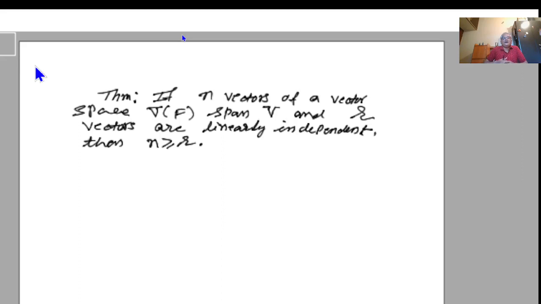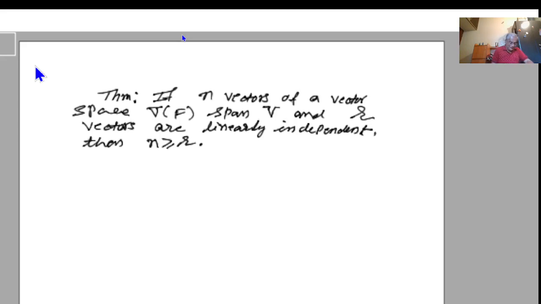One is set A, another one is set B. Suppose set A consists of n vectors and these n vectors, that is the set A, span the vector space V, and B is the set consisting of R vectors, and if the set B is linearly independent, then the number of elements of A is greater than or equal to the number of elements of B. This we have to prove.